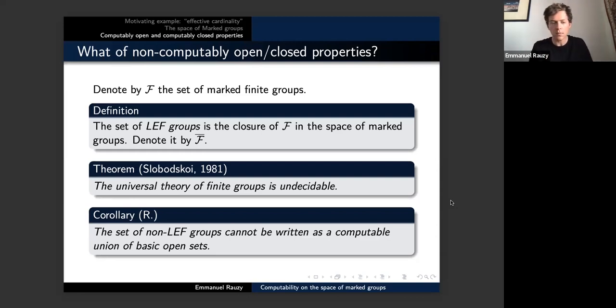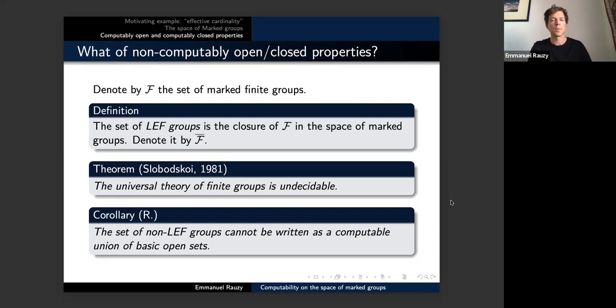And the corollary written here exactly says that finding a non-LEF group is harder than finding a group in other kinds of open properties. Finding a point in a computably open set is easier than finding a point in a non-computably open set. And this says that finding non-LEF groups, which in case of hyperbolic groups is equivalent to finding non-residually finite hyperbolic groups, is harder than it would be if it was a computably open set.